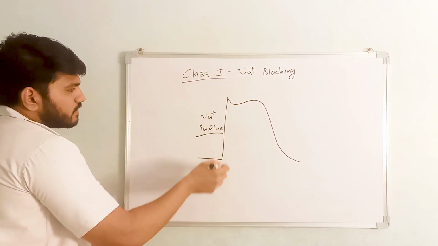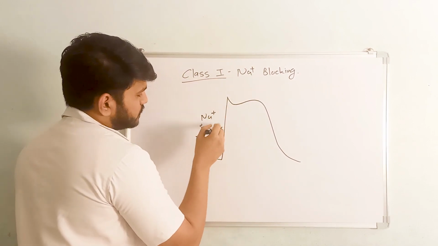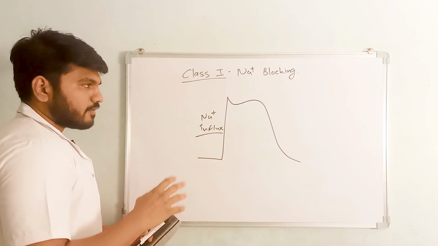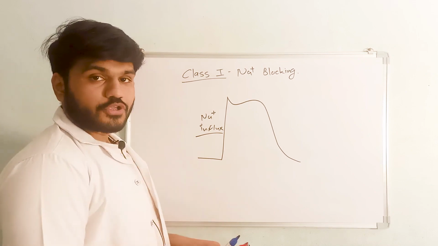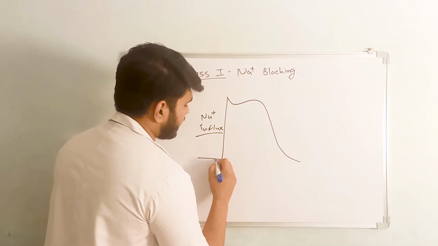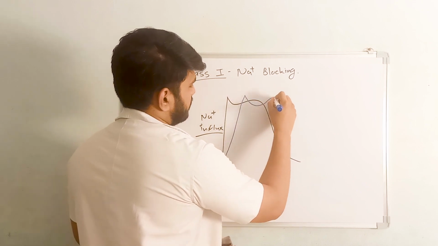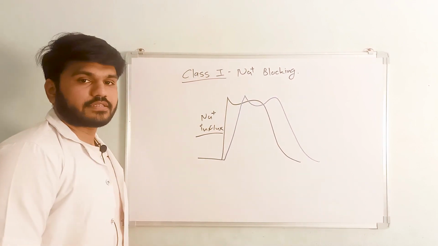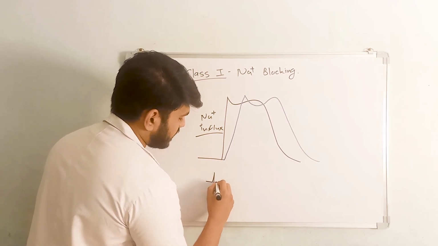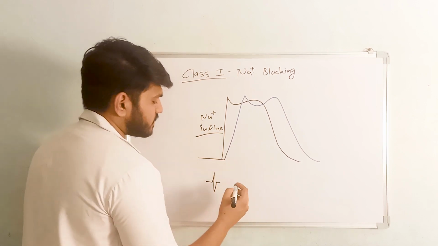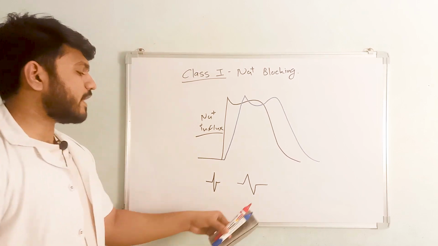If we block this sodium channel, then this sodium influx will not occur, or you can say it will occur in a very slow manner. It will look like this. Because of that, our QRS complex will widen. Our normal QRS looks like this, but after blocking the sodium channel, our QRS will look like this. So this is a really wide QRS complex.